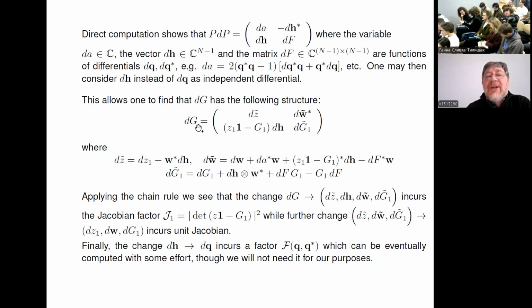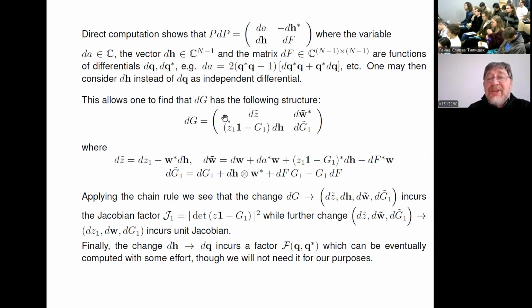Now, these tilded variables are in fact some complicated combinations, but they are obtained by just a linear shift of our original variables. For example, dz tilde is just dz1 minus something involving the differential of h, and dw is of similar structure, and so on. When we see such a combination, one can easily calculate the corresponding Jacobian explicitly.